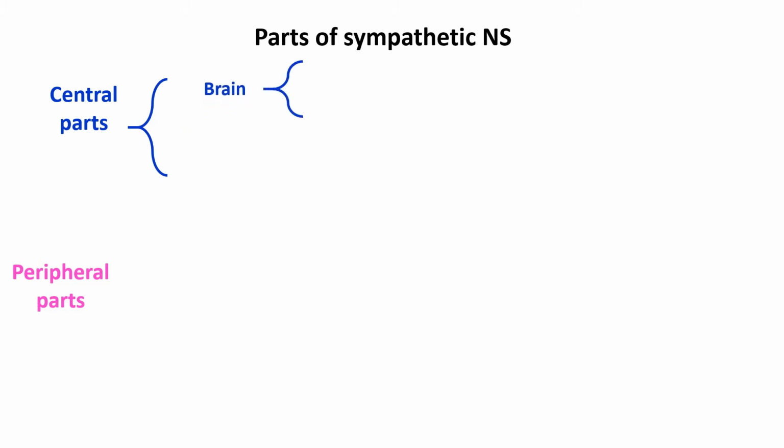Here are the notes about parts of the sympathetic nervous system. The sympathetic nervous system has central parts and peripheral parts. The central parts include the brain. Which parts of the brain? The hypothalamus and the reticular formation, taking influence from other brain structures.